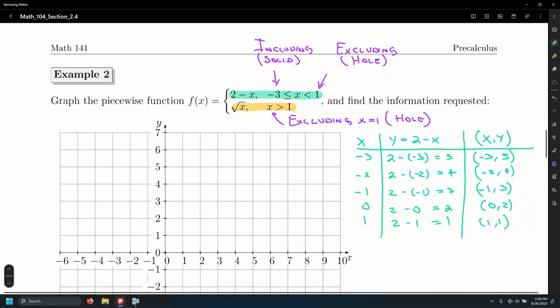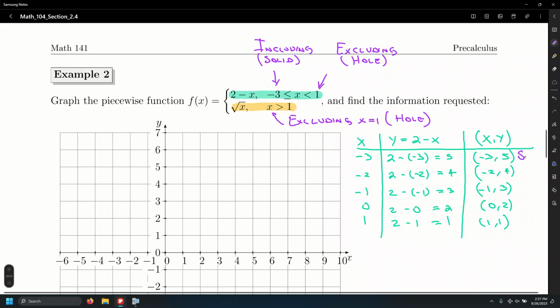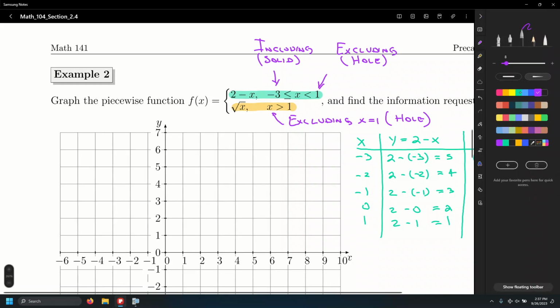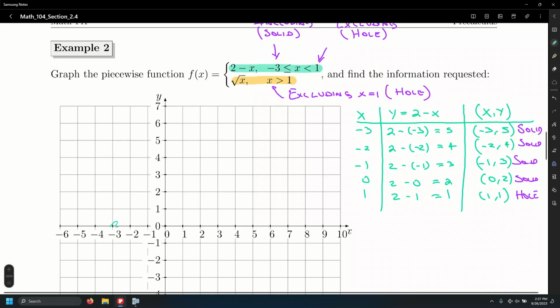However, the only point that will be represented by an open circle, a hole, is the one related to x equals 1, because it just says x less than 1. We don't include that one. So solid, solid, and hole. All right, let's go about it. Okay, so the point -3, comma 5.